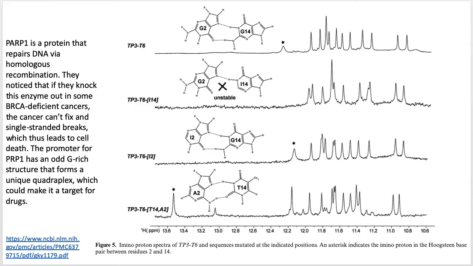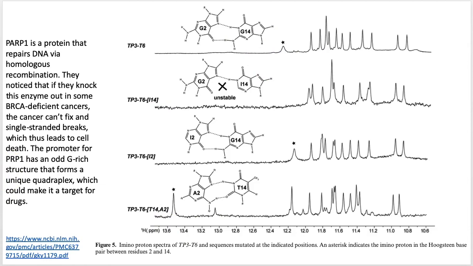There's some work that's gone into this. You can see this is like an NMR looking at the actual peaks that show up between G's and different nucleotides. If you want to read this article and learn more about it, go for it. But they're basically doing an NMR and then seeing the different peaks that show up, and you can see the different peaks that change.